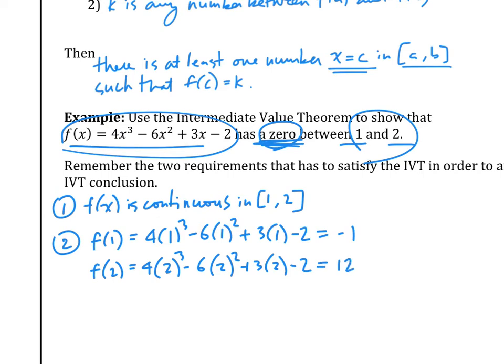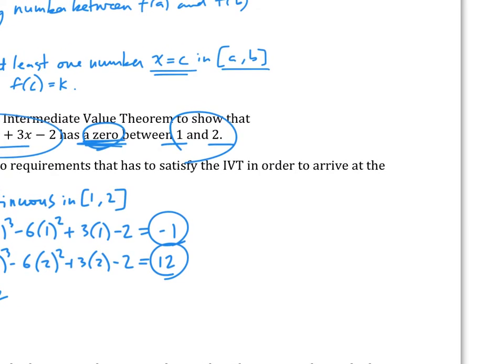So is 0 in between -1 and 12? Yes. Remember to check it against the y value, not the x value, okay? So yes, 0 is between -1 and 12. And so we can say that in this function between 1 and 2, it must have passed through 0 at some point.